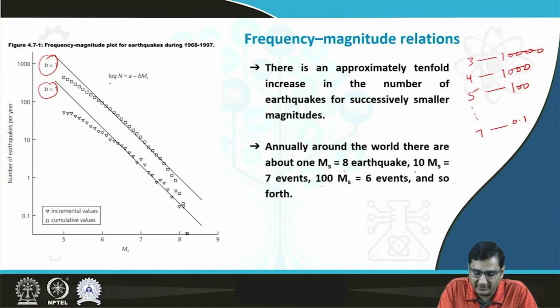This depicts the relationship between N and the magnitude m. N is the number of earthquakes with magnitude above the minimum m, and on the y-axis you have the number of earthquakes per year, and you can see this relationship is quite linear.